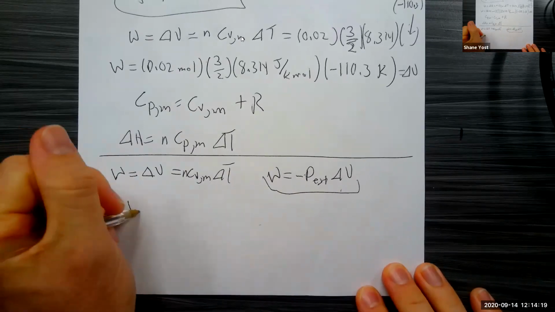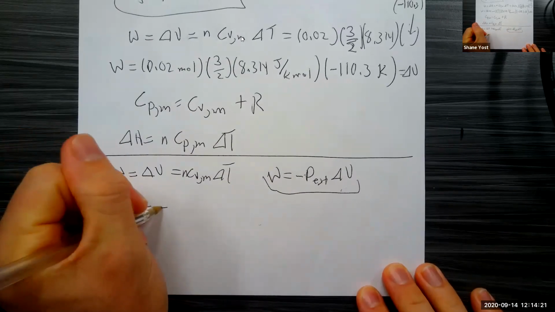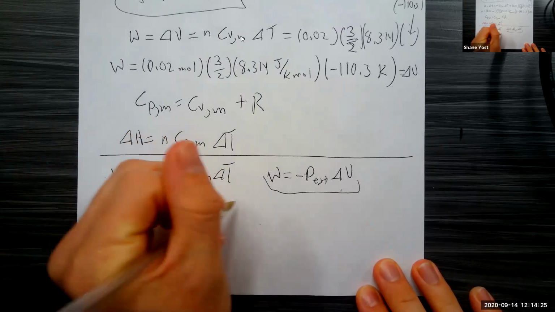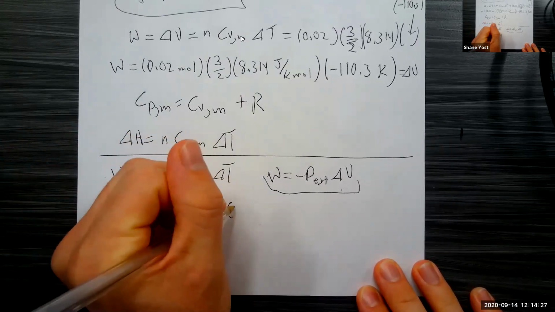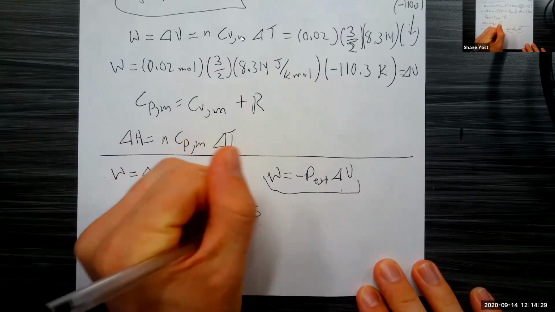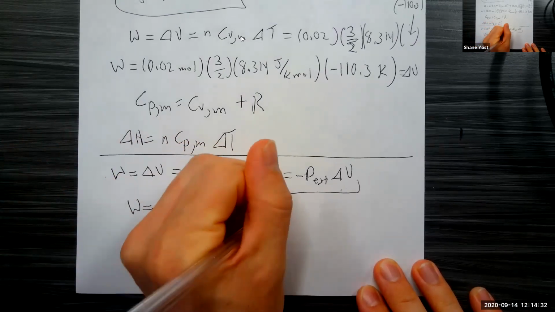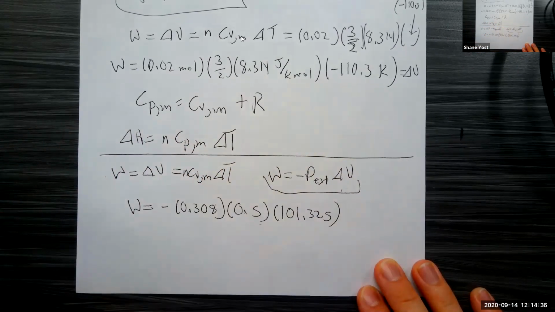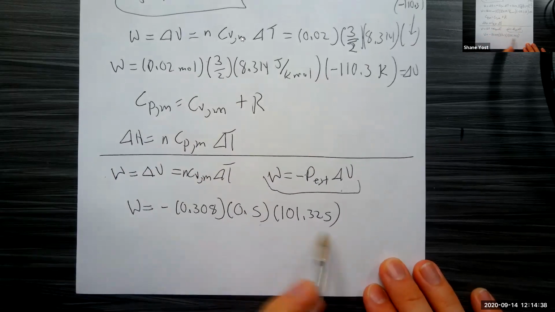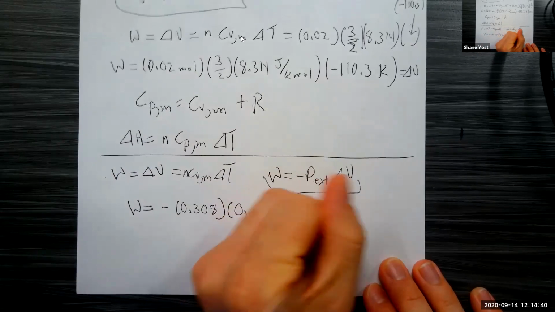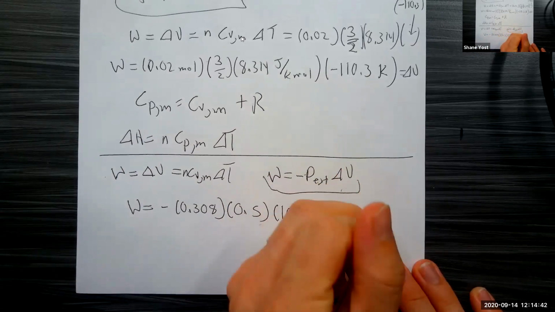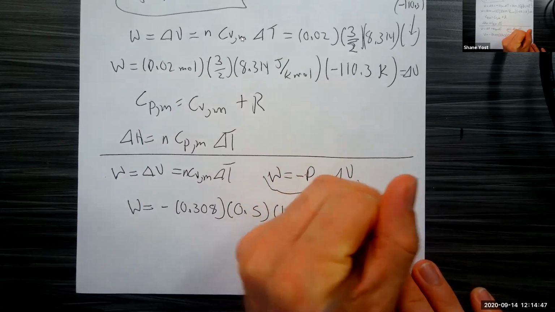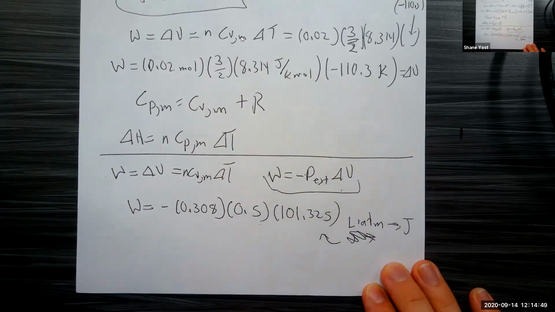So the work for this problem is just going to be minus 0.308 times the change in volume, which is going to be 0.5, times 101.325 to convert from liter-atmospheres to joules.